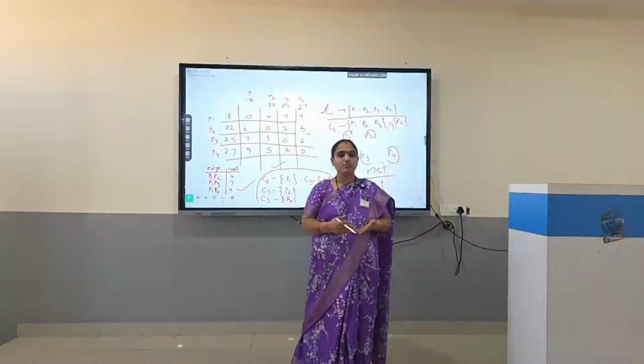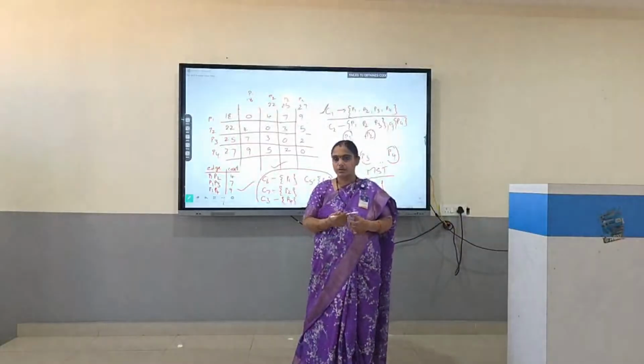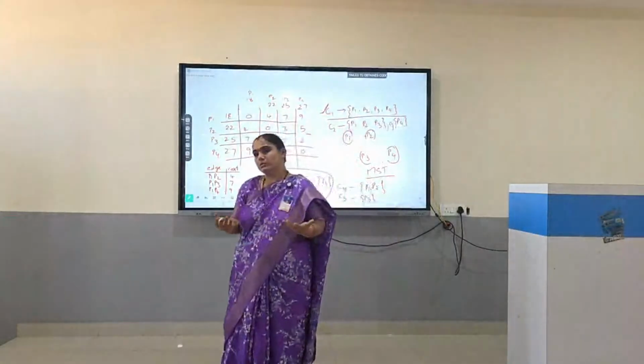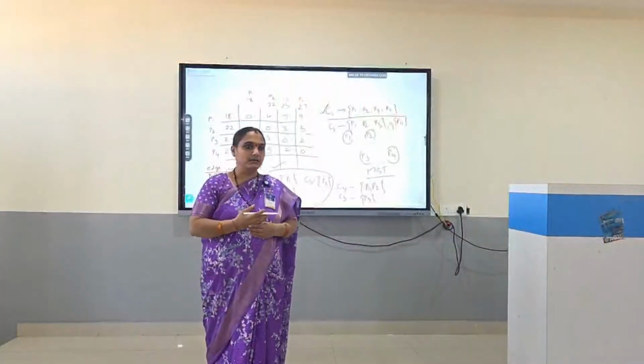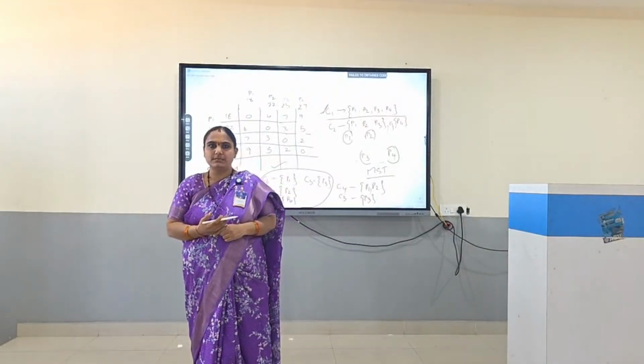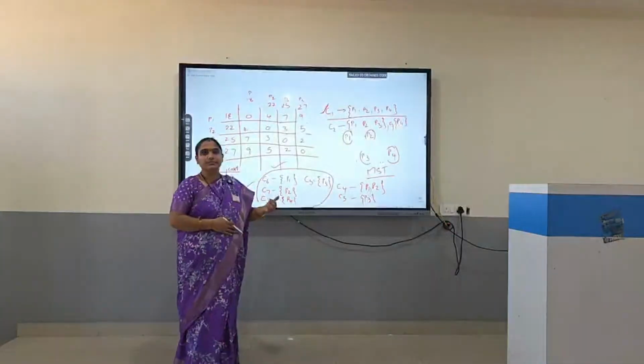Then we need to know one more point. Here also we have a drawback. The drawback is when data points are very huge, like big data. You have heard the word big data many times. Big data means very huge numbers of data points, and then it is difficult.